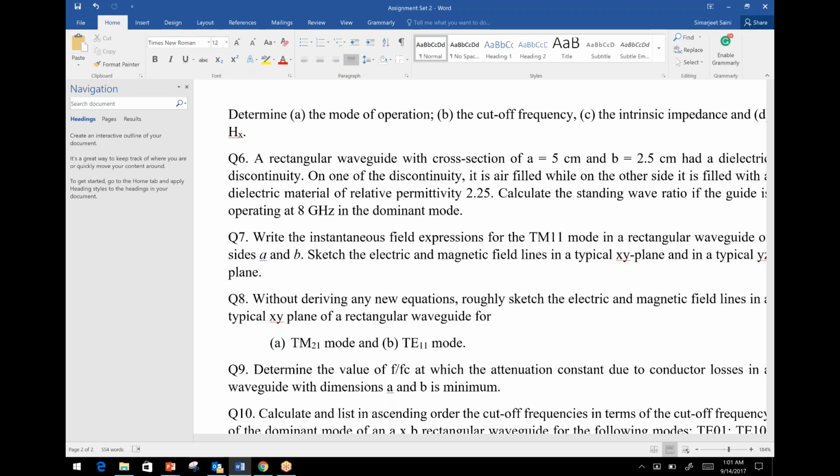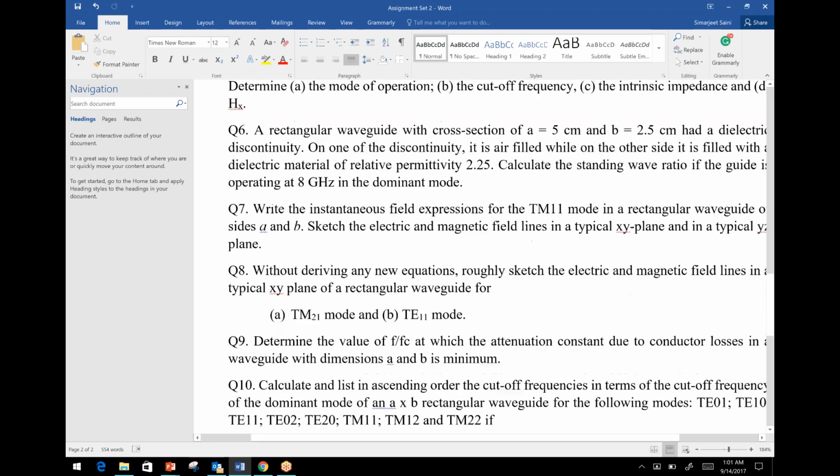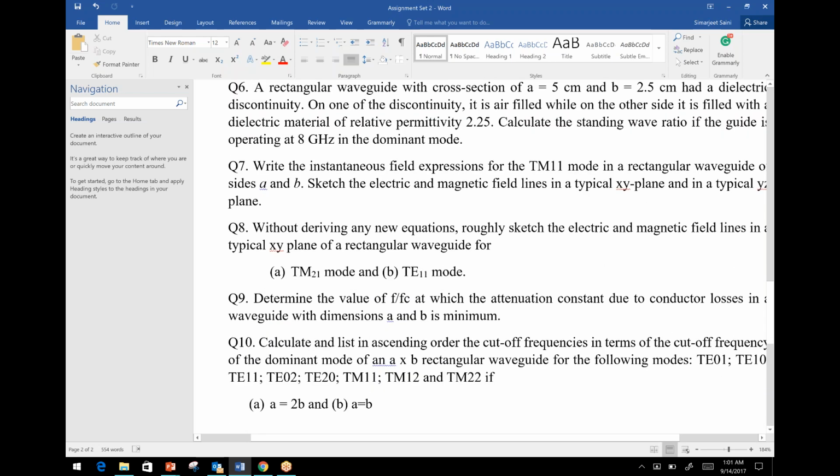So you take the derivative of the attenuation constant with respect to frequency, and then you write that expression to be 0. And then you see where this lies in terms of A and B. If A is equal to roughly 2B, where we normally design it to be, the ratio to the cutoff frequency is approximately 2.